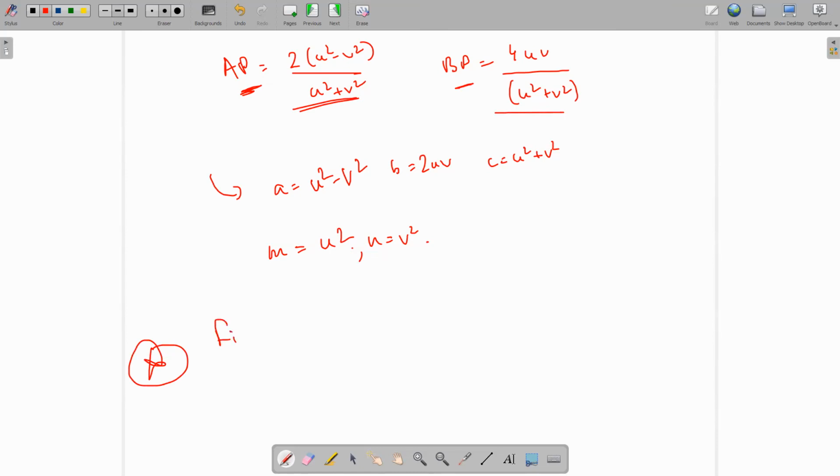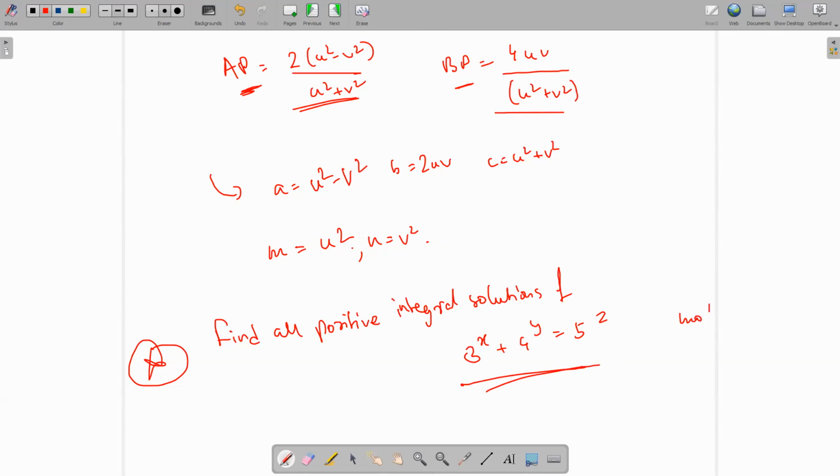Find all positive integral solutions of 3 to the power x plus 4 to the power y equals 5 to the power z. Check mod 8. That's one approach, and Pythagorean triplets is another approach.